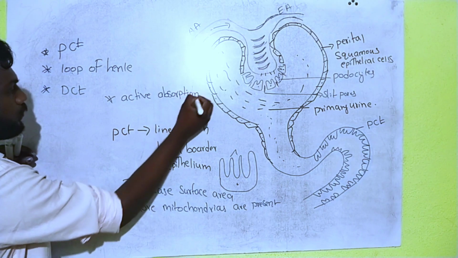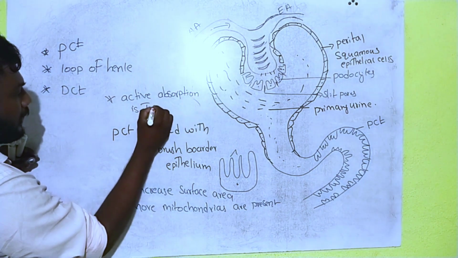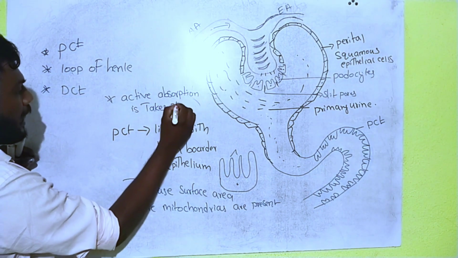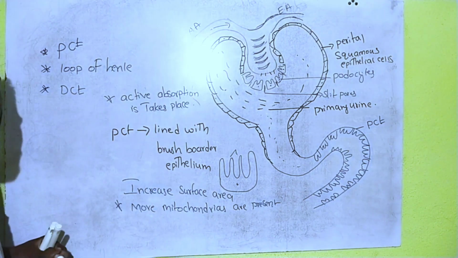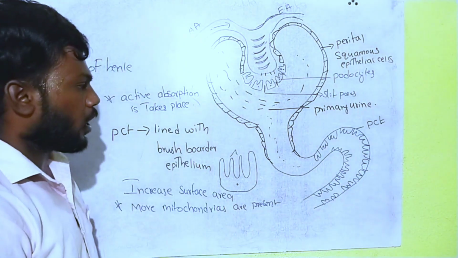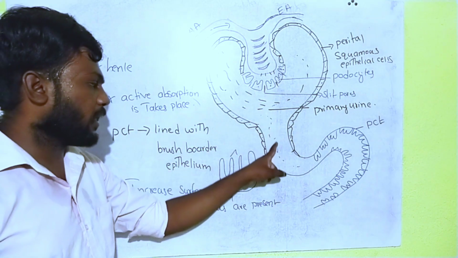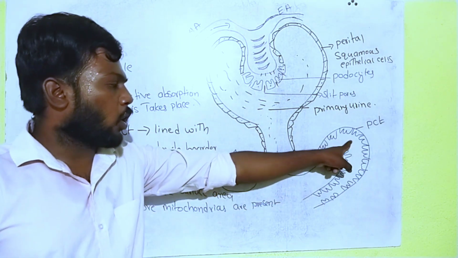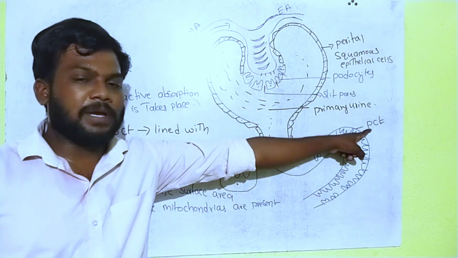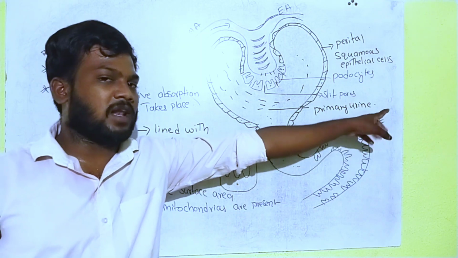What is active absorption? It is very important and very easy also. This Bowman's capsule is continued with a coiled part, that is the PCT. PCT means proximal convoluted tube.